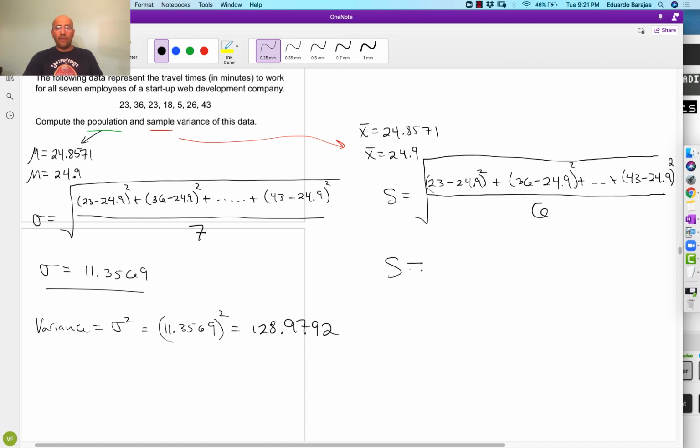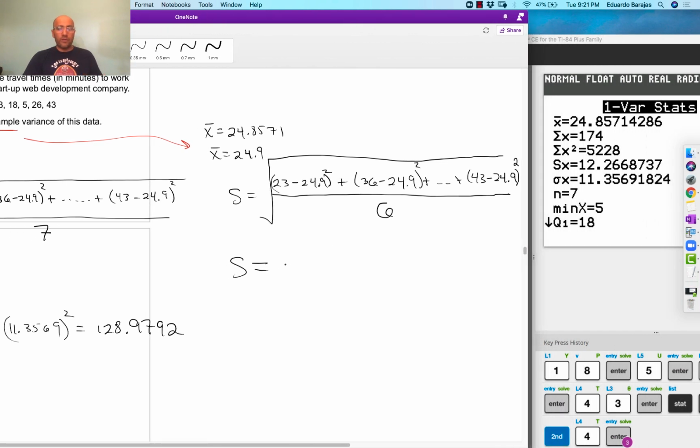And when we do all of that, we're going to end up with this answer. That's where the 12.2669 comes from. And now to find the sample variance, it is equal to s squared, which is equal to 12.2669 squared.